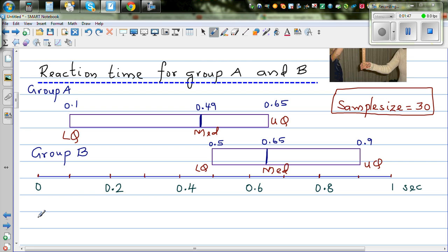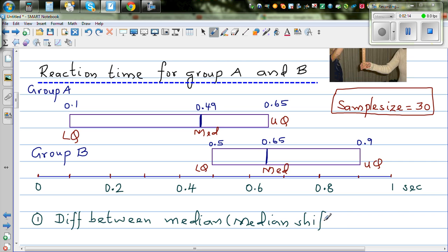So the first thing that we can see is there is a difference between the medians. So let us write the difference between medians, and I'm going to call that median shift.